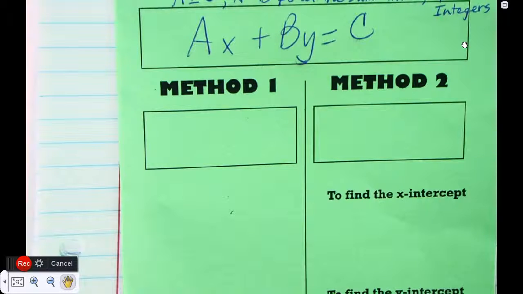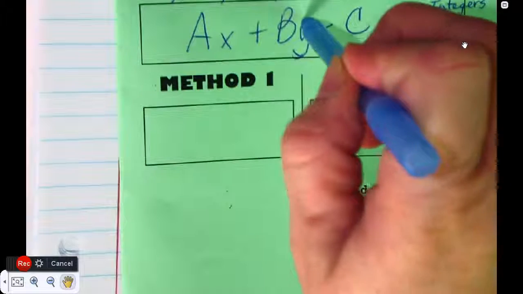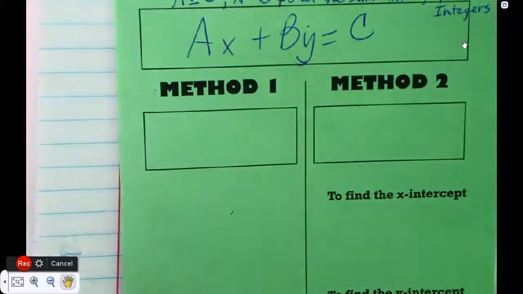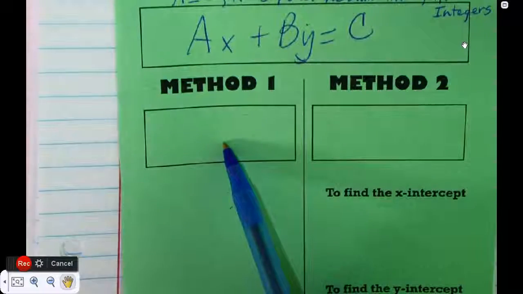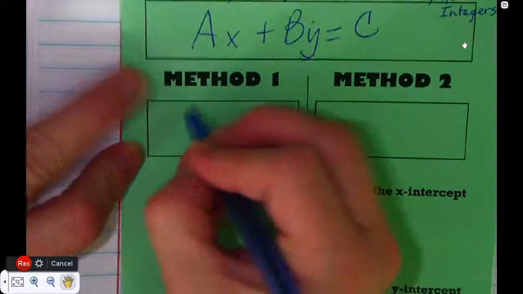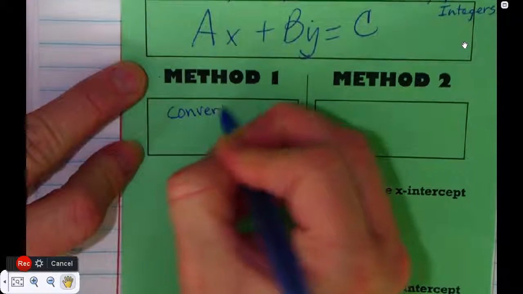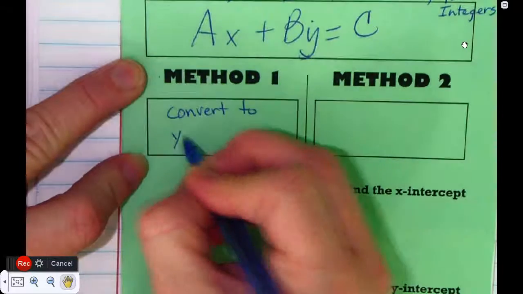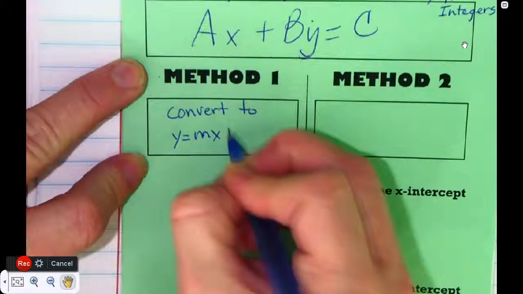Y equals. So we're trying to turn this standard form equation into slope-intercept form, which is y equals mx plus b. That's what we're trying to do. So the first method is to convert to y equals mx plus b.